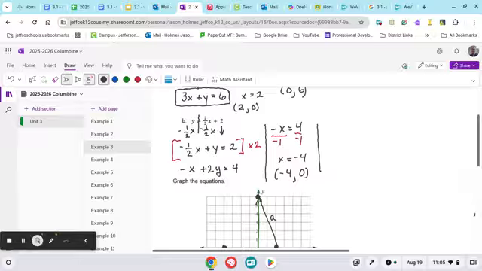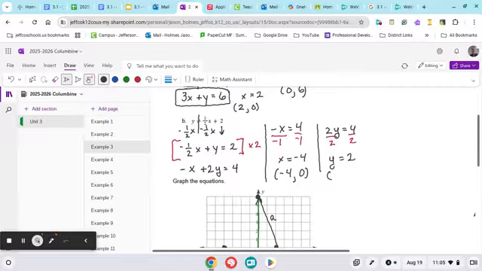We'll have that negative x will go away. We'll have 2y equals 4. Divide both sides by 2. Oh, let's do that in at least the same color. Sorry, guys. Starting to go too fast. So we'll divide by 2. And we have y equals 2.